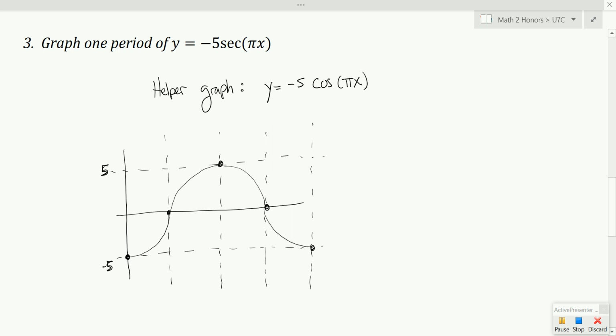Okay, so that's not my graph, but that's my helper graph, right? And I need my x values still. So I'm going to take pi x, set that equal to pi over 2, multiply by 2, divide by 2 pi, and simplify, and I get 1/2. And I mark out my x-axis.